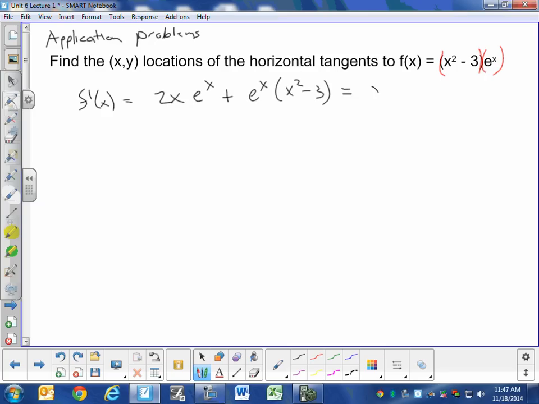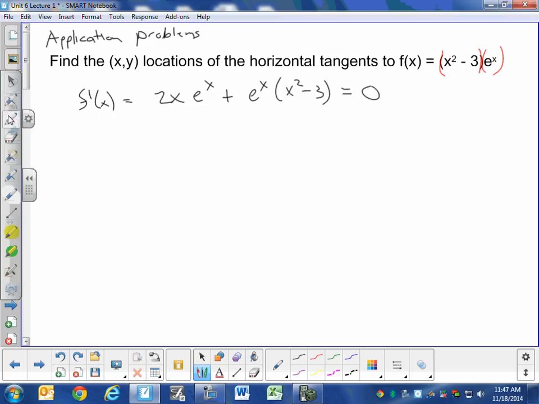Okay. I want to set that equal to 0. And I want to solve this. Not really fun, right? As it looks right now. But it's actually not that bad.